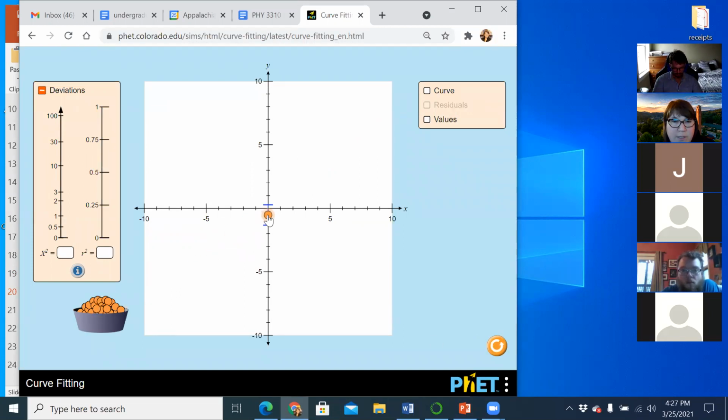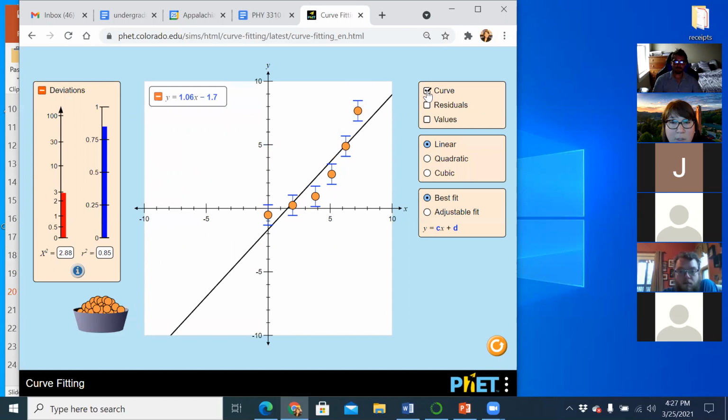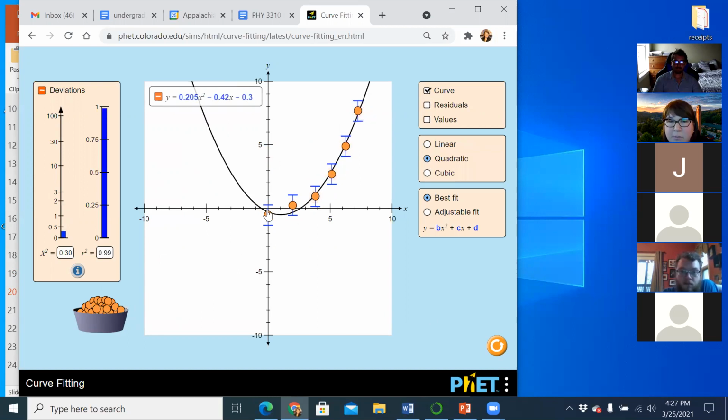So we can try to set up something that is more quadratic looking and see if we can get a quadratic fit for that. I don't know. Maybe that's not a great parabola. But if we try a quadratic, we definitely have a better R-squared value, as I was trying to make it actually quadratic in the first place.